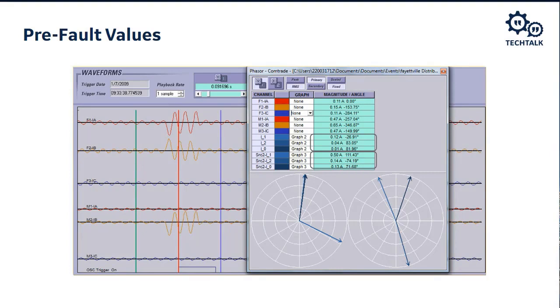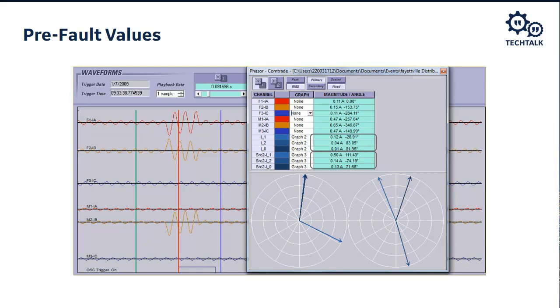So these are all screenshots from InterVista UR setup, and you can configure it to calculate the sequence quantities. The circled quantities in the middle of the screen are the pre-fault quantities, right? The top circle is the transformer primary quantities, and the bottom circle's quantities are the transformer secondary.